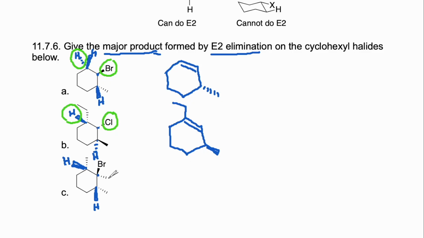But there is a third neighbor here with a bond that can rotate freely because it's not part of the ring, and so this particular one can rotate so that one of the hydrogens is pointing opposite to the bromine. So we can have a base come in and take a hydrogen that's pointing down, get the bromine that's pointing up to leave. This is maybe the less obvious product here, but this would allow for an anti-elimination that we need for the E2 reaction.